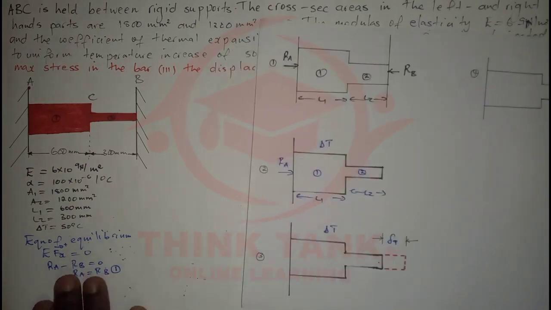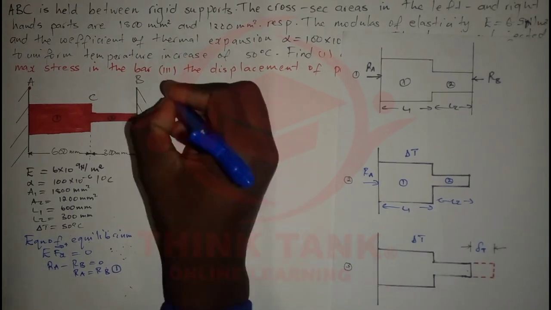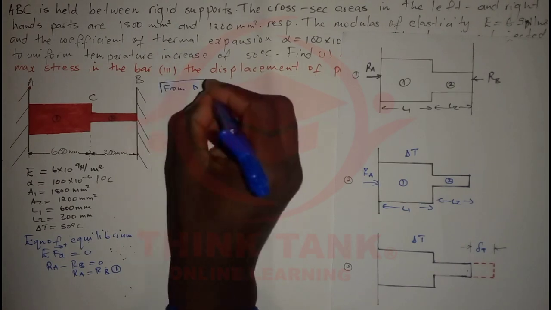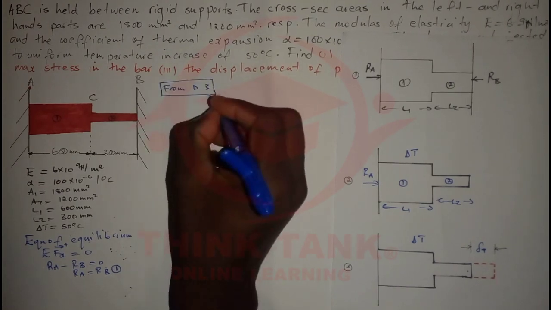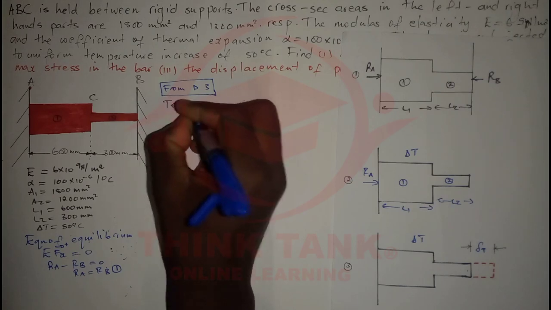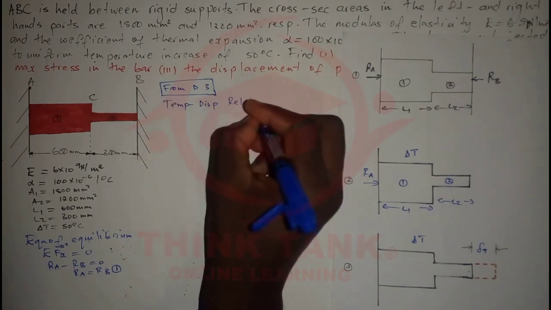We have this one equation. Okay, so from here, from number 3, I'm going to write from diagram 3. What do we know? We have a temperature displacement relation. I'm going to write it as the temp displacement relation that we have.